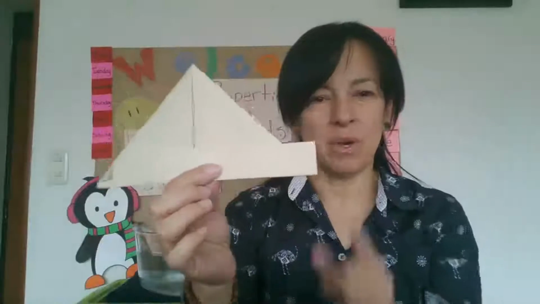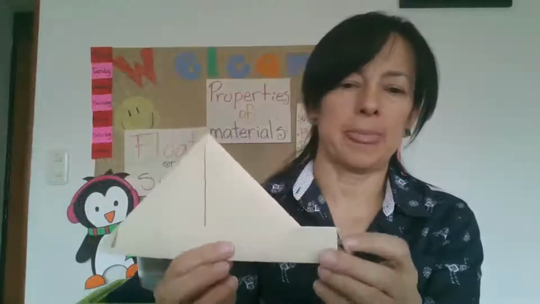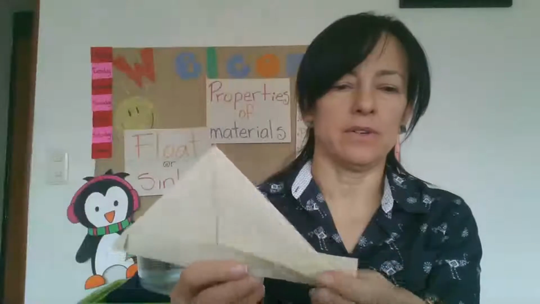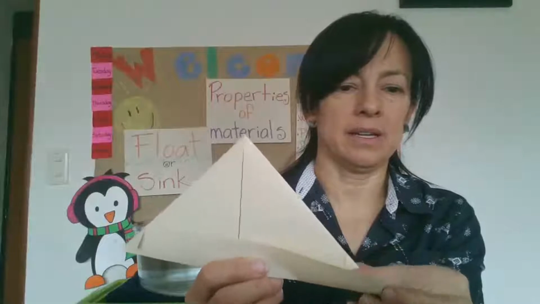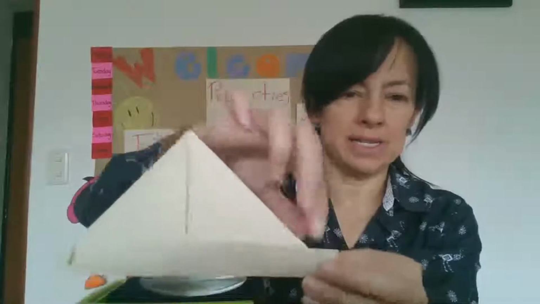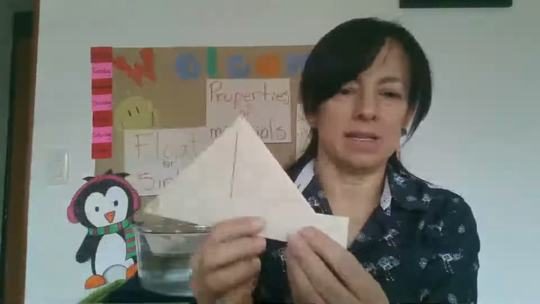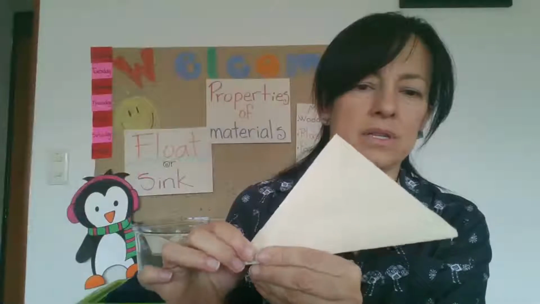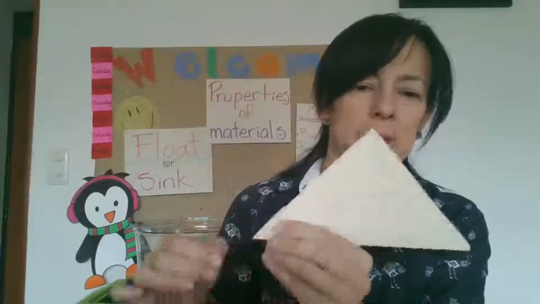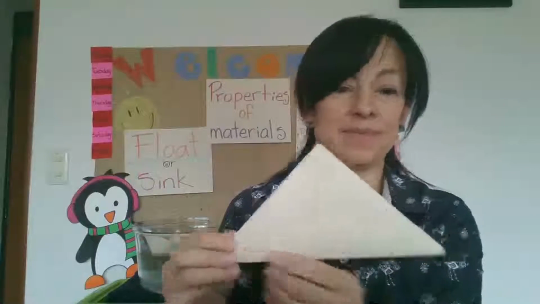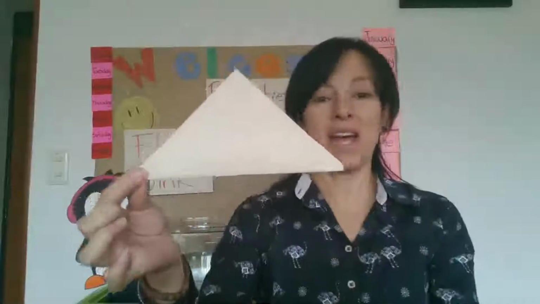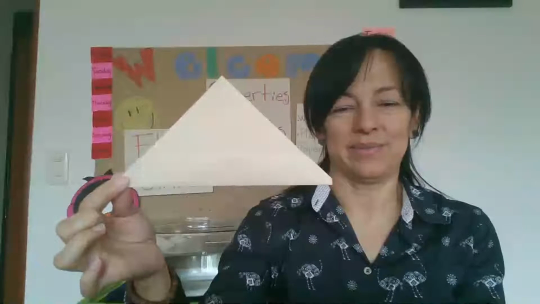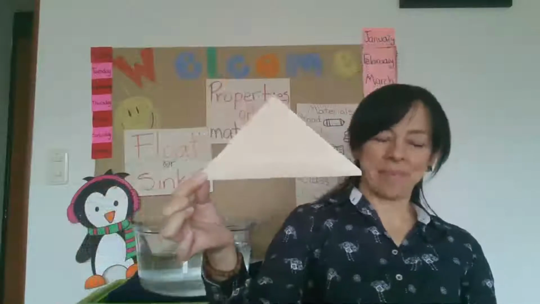And the same on the other side. I fold here and press. And then I fold here and press. So I have a triangle. Ready?